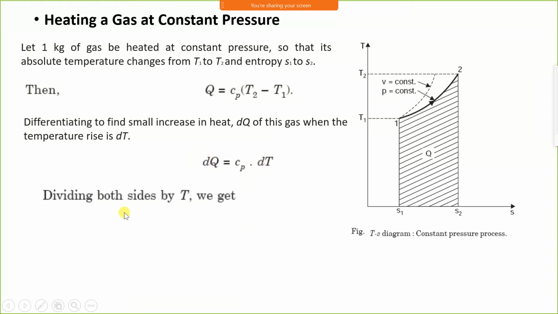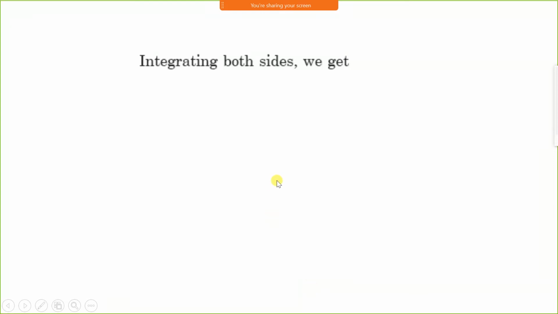Now divide by temperature: dq by T is equal to Cp dT by T. dq by T is dS, so dS is equal to Cp dT by T. Now integrate both sides, the left side with respect to entropy and the right side with respect to temperature.